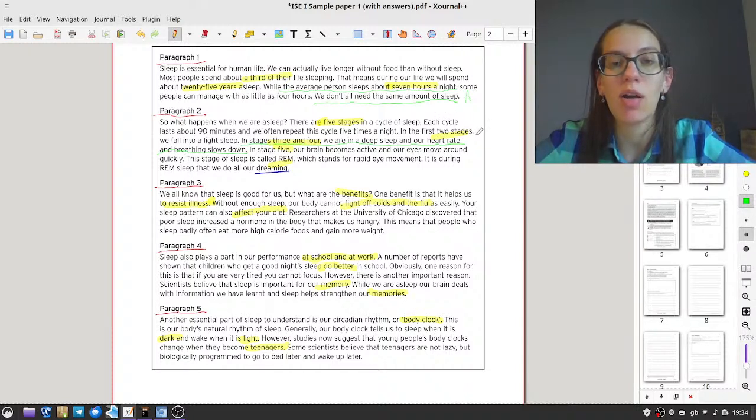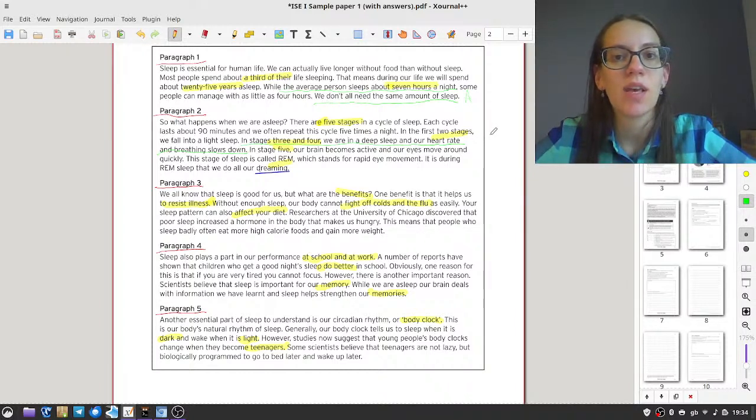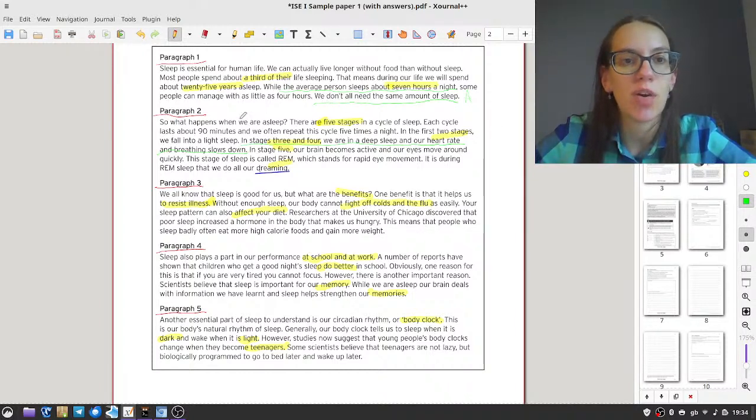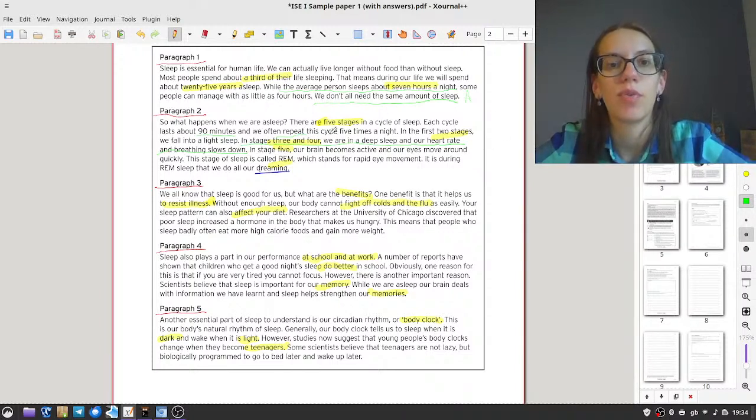So we can't spend all 7 hours in the same stage, because each cycle lasts 90 minutes and then repeats. We repeat this cycle 5 times a night. So it's not always deep sleep, it's different stages of sleep.